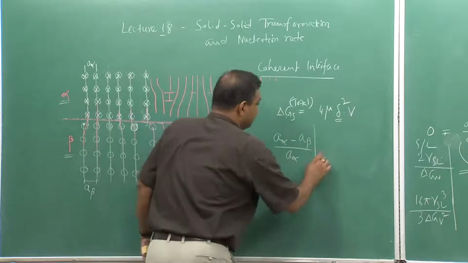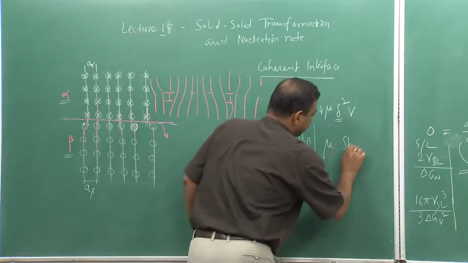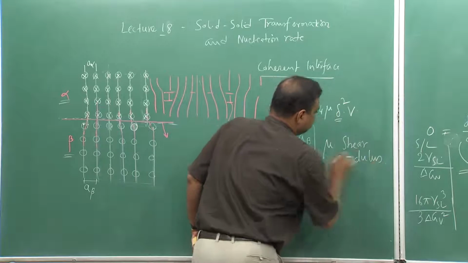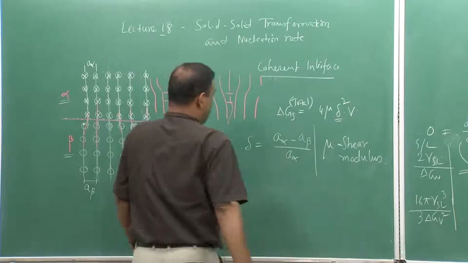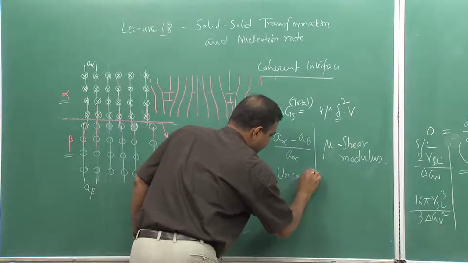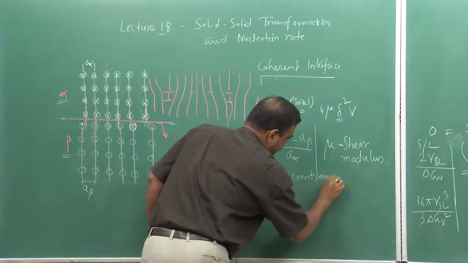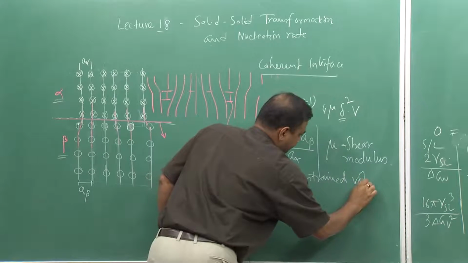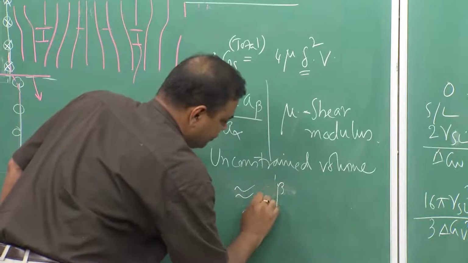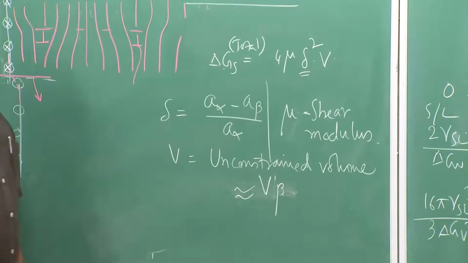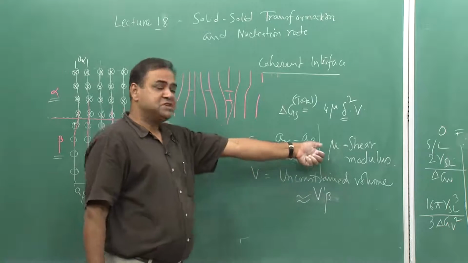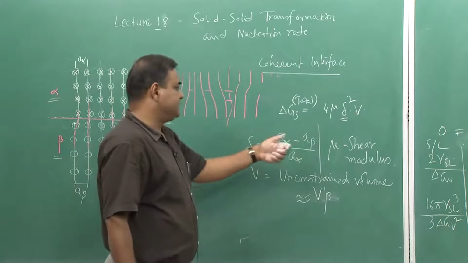Mu is basically the shear modulus, and V is the volume of beta.